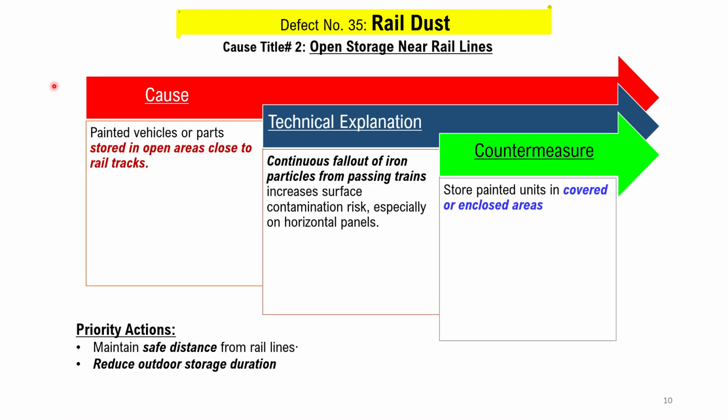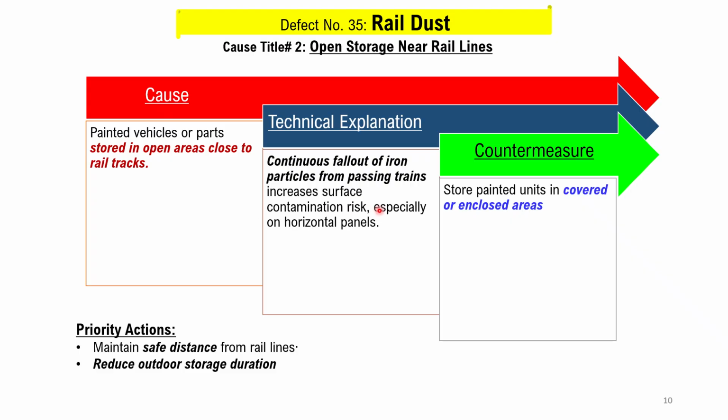The second probable cause could be open storage near rail lines. That is, painted vehicles or parts stored in open areas close to the rail tracks. Continuous fallout of iron particles from passing trains increases surface contamination risk, especially on horizontal panels.